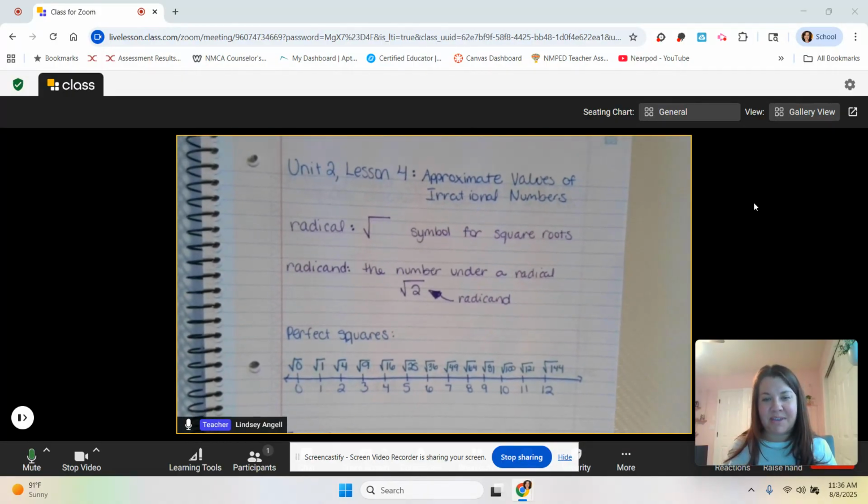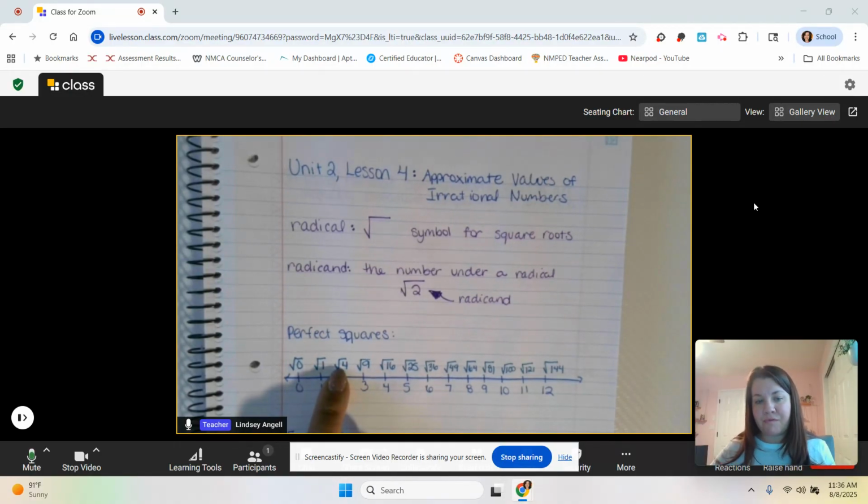So here are some examples of perfect squares. Remember, this means square root. The square root of 0 is 0. The square root of 1 is 1. The square root of 4 is 2 because 2 times 2 gets us to 4. That's why those are opposites.